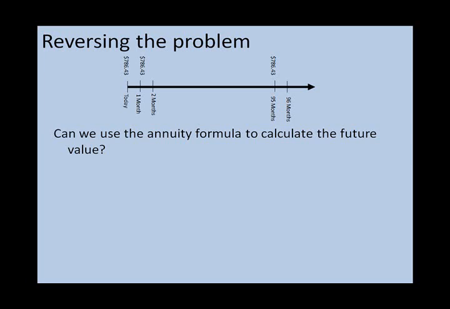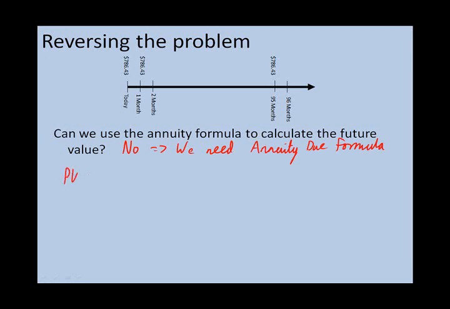But we know we can convert the present value into the future value very simply. The other problem we have is that we know the payments start today, not 1 month into the future. That means we can't use the annuity formula. We need the annuity due formula.